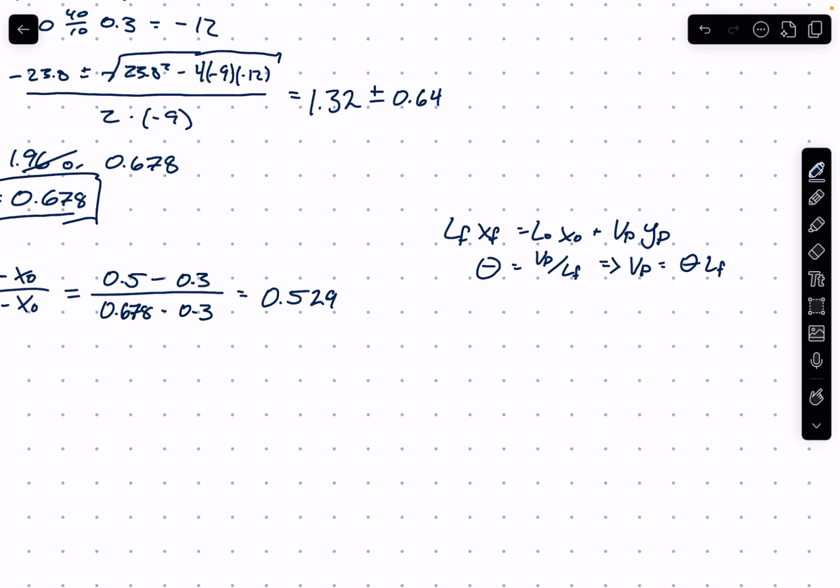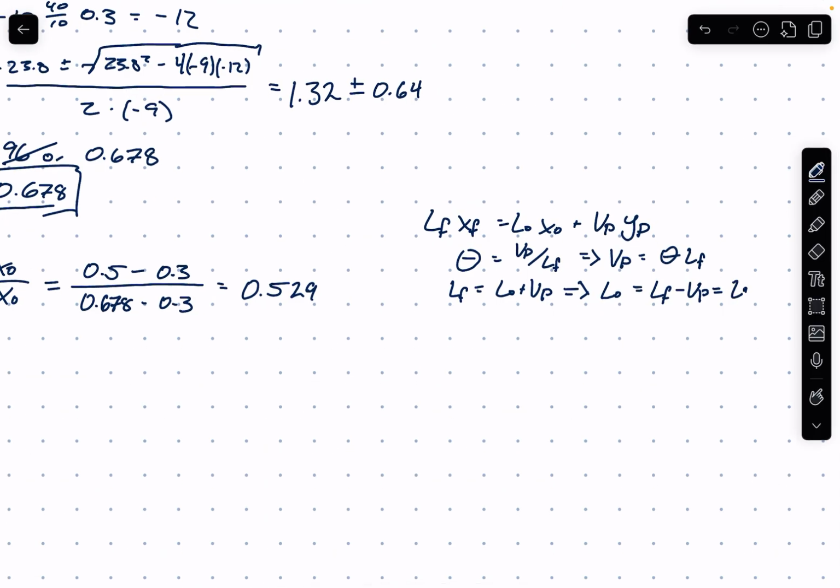We also have the overall mass balance. That is LF equals L naught plus VP, giving us that L naught is equal to LF minus VP, equals LF minus theta LF.